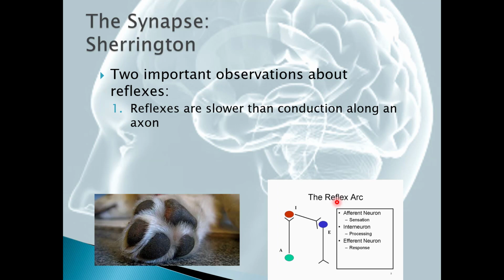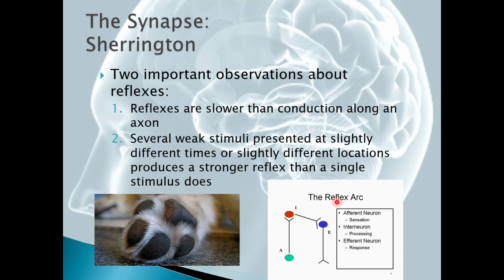The second observation that he made was that several weak stimuli presented at slightly different times, so here's the dog's paw pad, 1, 2, 3 stimulations, or at slightly different locations, 1, 2, 3 at the same time, produced a stronger reflex than a single stimulus did. So again, here's the dog's paw pad.